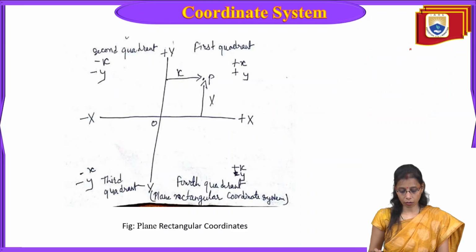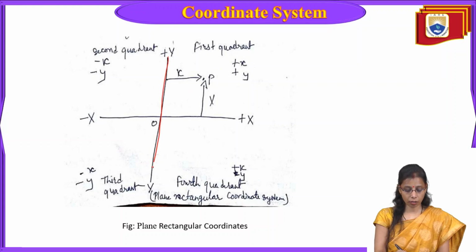Right. Now this is how it looks. We have quadrants here. This is your exact intersection, and this is your axes. Now you have a first quadrant, then a second quadrant, third quadrant, and fourth quadrant. You can see here plus x, plus y, minus y.